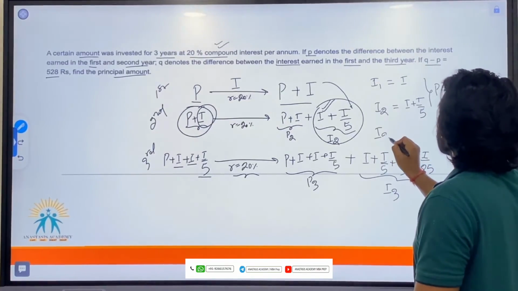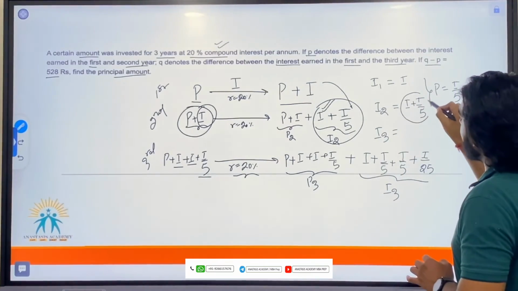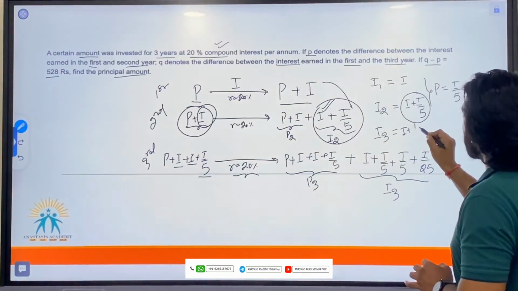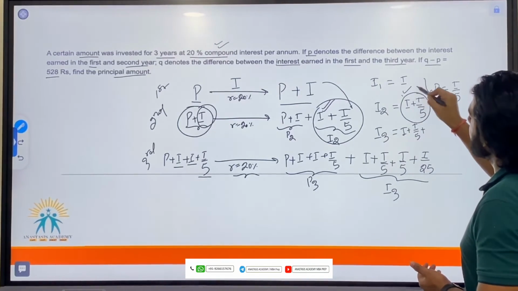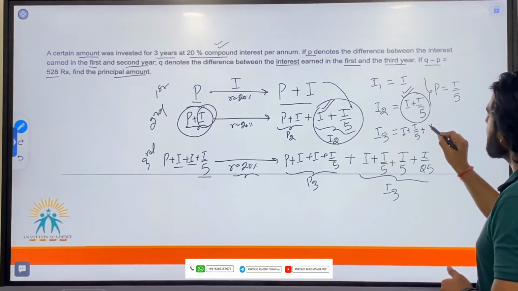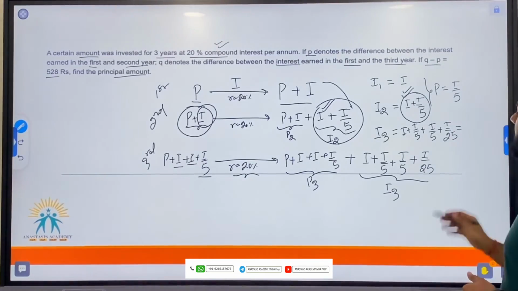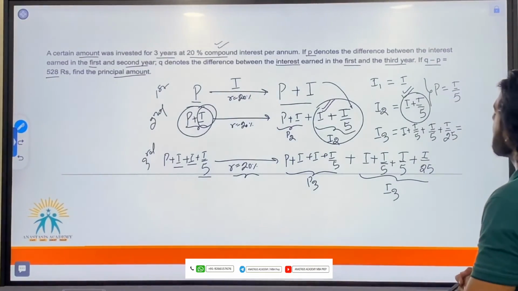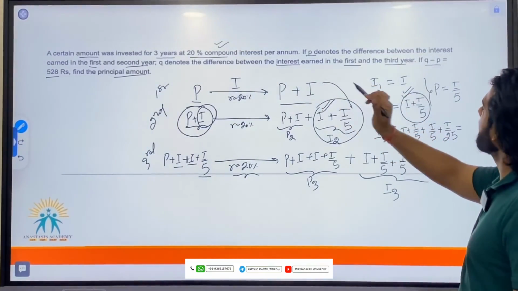So the third year's interest would be I plus I by 5 plus the interest on this interest, which is I by 5 plus I upon 25. Or I have to just note the difference.